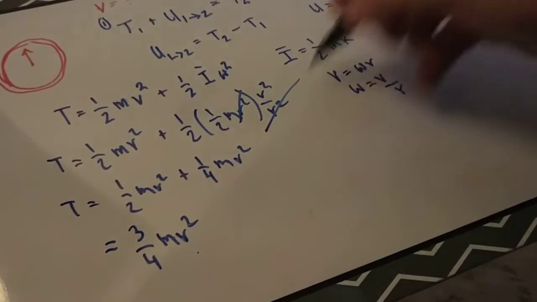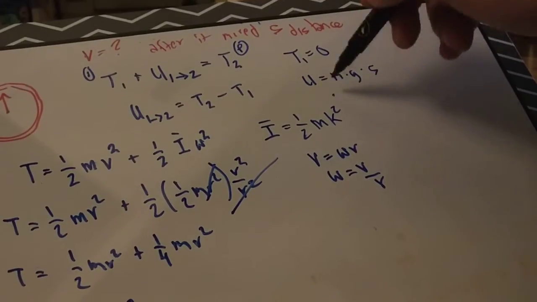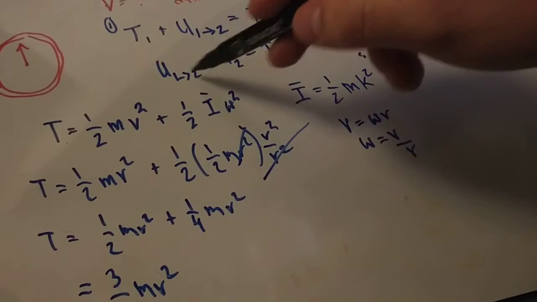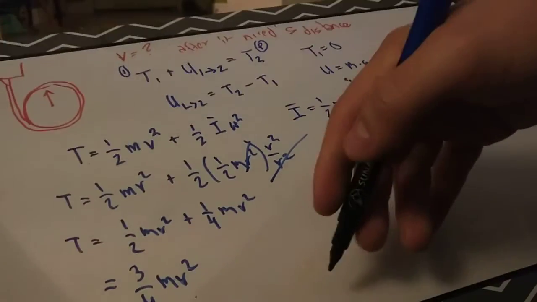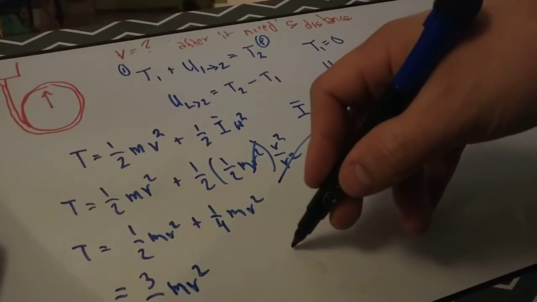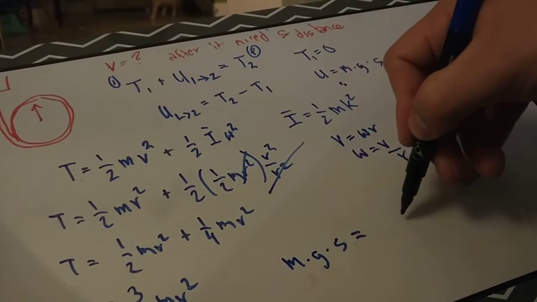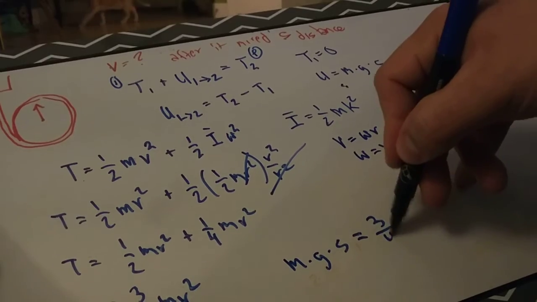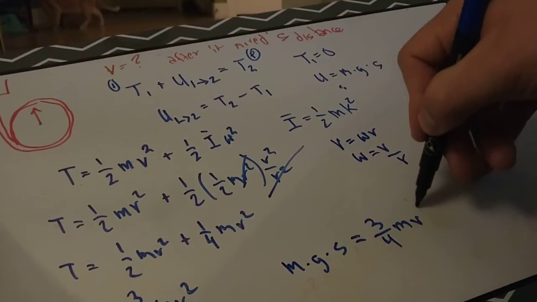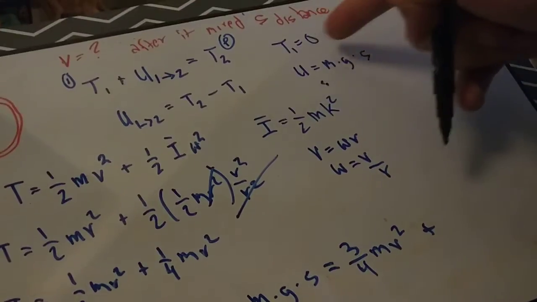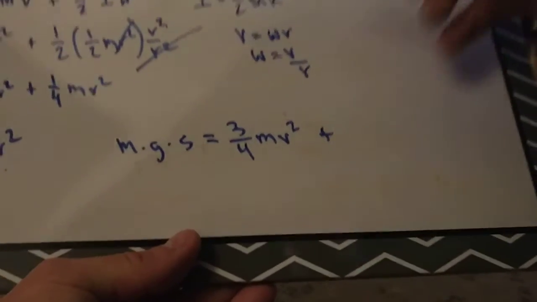Okay, so then we can take our U 1 to 2 equals T2 minus T1, and we can say mass times gravity times displacement is equal to 3/4 mass times velocity squared plus 0, because there's no kinetic energy initially.